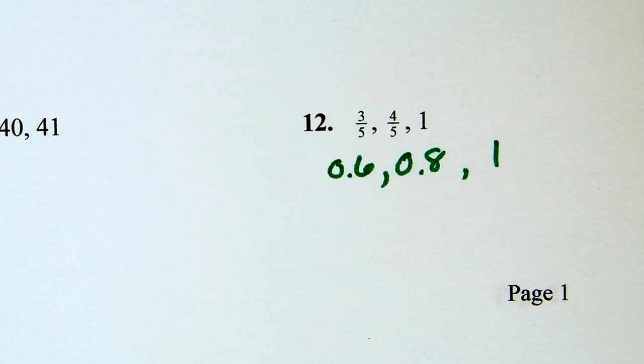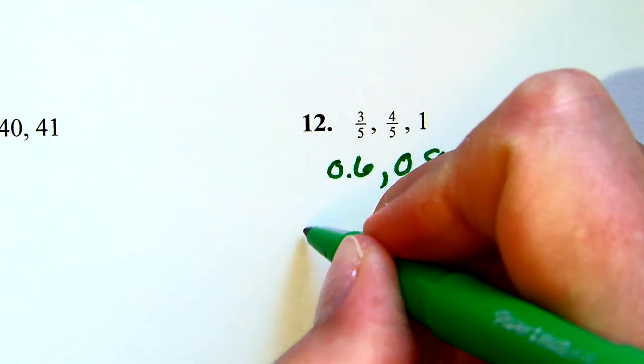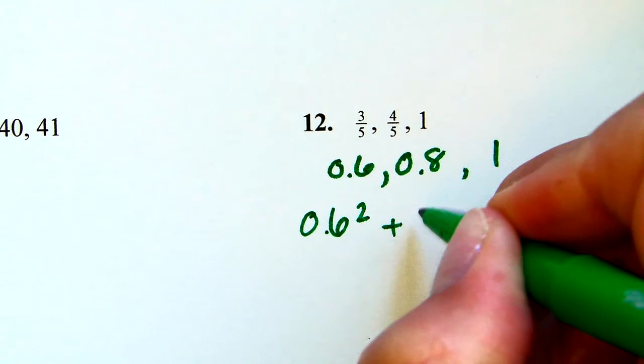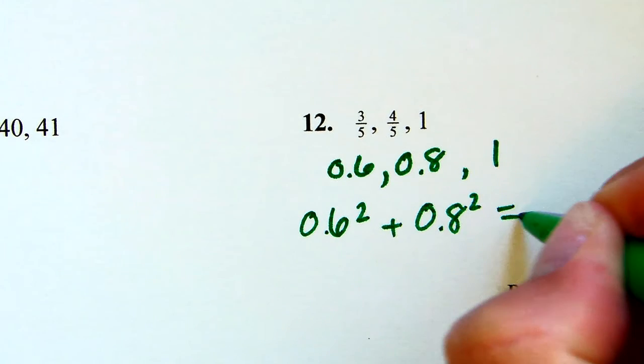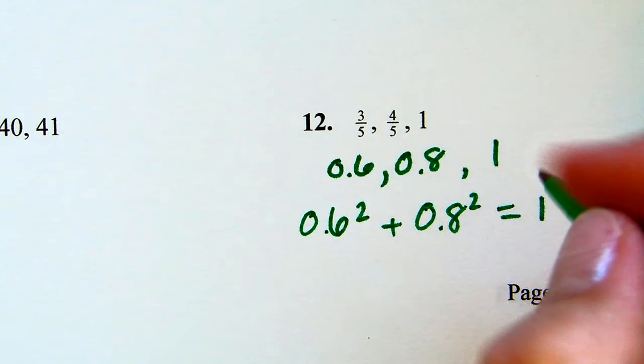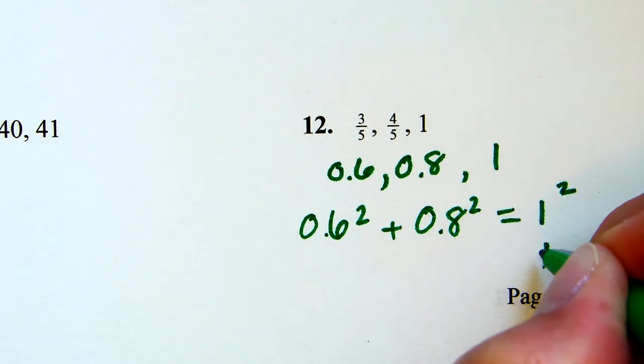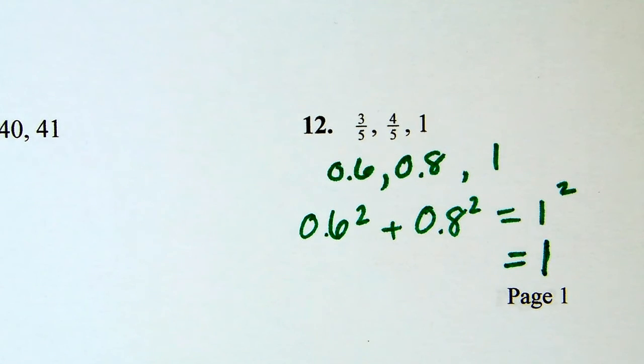If yours does not either, you can also put these in decimal form. Just make sure that you're using the correct decimal form. Now, I'm going to plug this in. So I'm going to go 0.6 squared plus 0.8 squared equals 1 squared. Now, 1 squared is just 1. So I'm going to put 1 equals 0.6 times 0.6, that's 0.36.